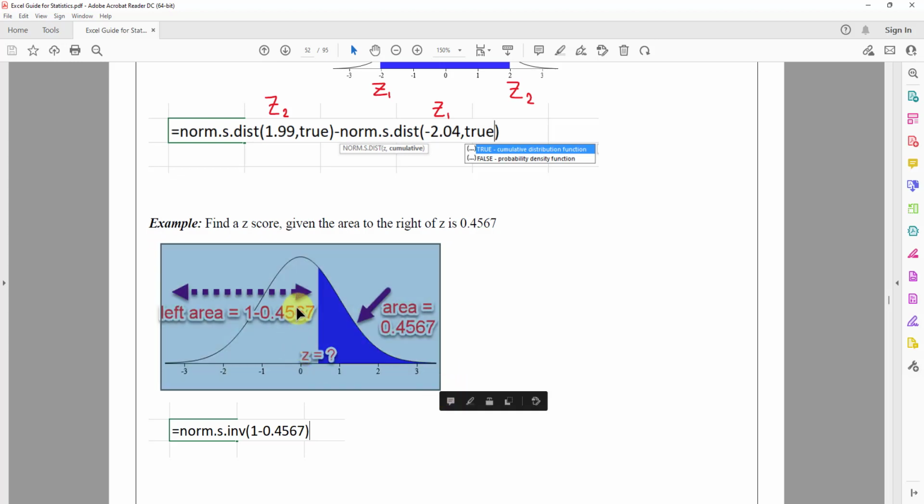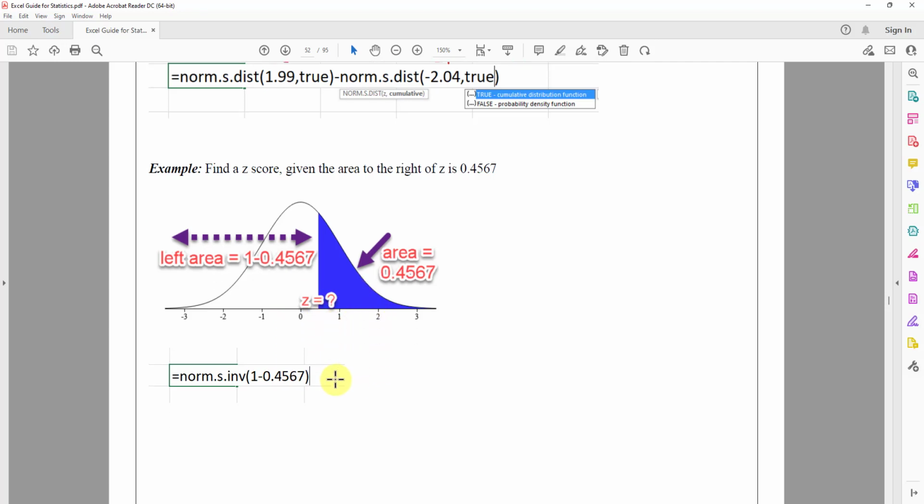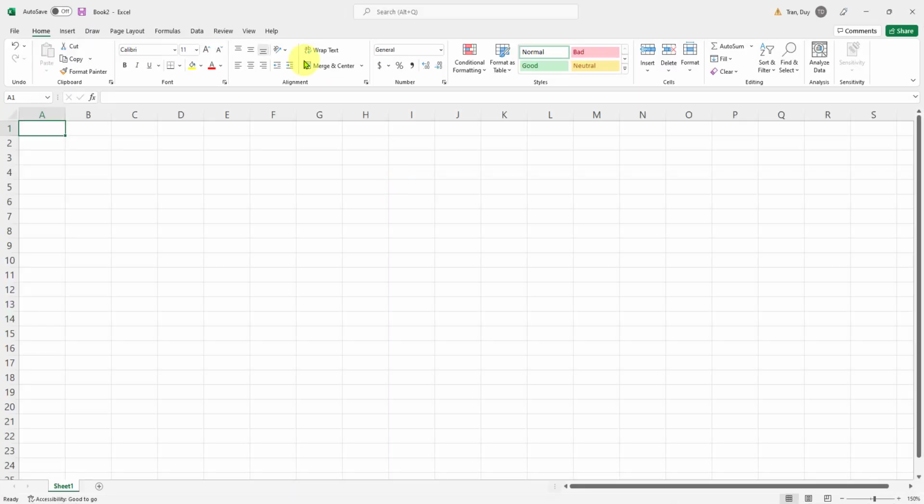So to find the area on the left, we take 1 and subtract the right area, so we can get the left area. And that is the area that we want to place in Excel. So norm.s.inv, inverse norm of the area on the left side, which is 1 minus 0.4567, and it will give you the z value, right?